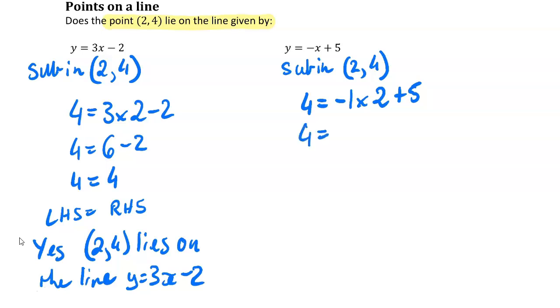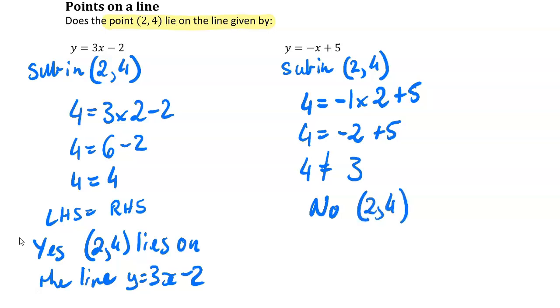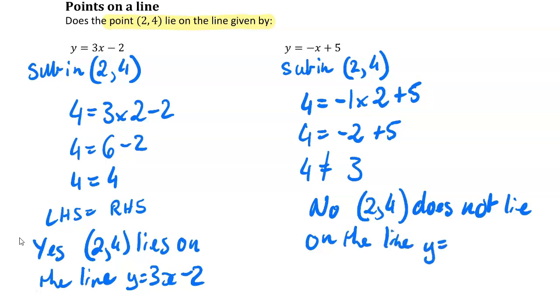So 4 equals -1 times by 2 is -2 plus 5. So -2 plus 5 is 3. So 4 does not equal 3. So these two sides are not equal. So no, that point does not lie on the line y equals -x plus 5.